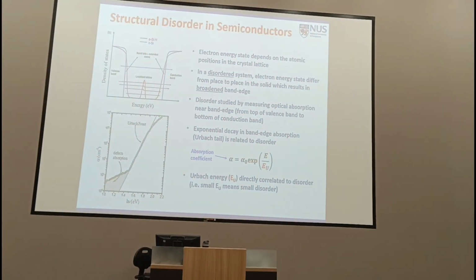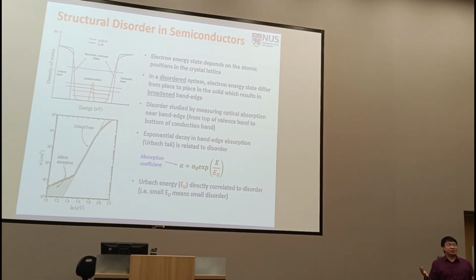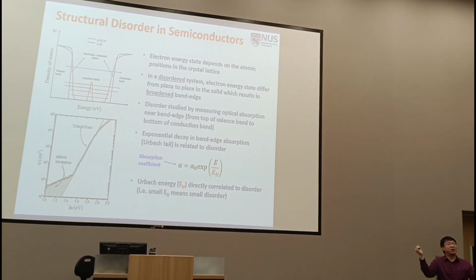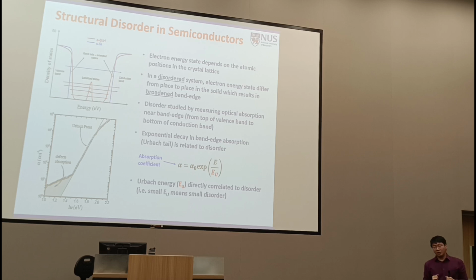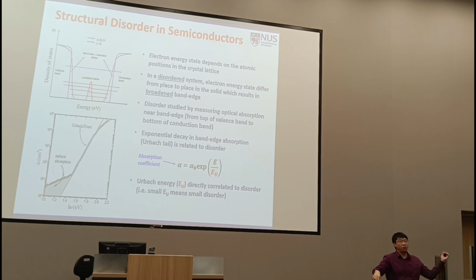Most of the time, there are many semiconductors that have disorder. Disorder means what? Some atoms are a bit further apart, some atoms are a bit closer together. In some cases, it can be completely disordered. It becomes amorphous. Amorphous means non-crystalline. By the way, you have amorphous silicon, where all the silicon atoms are randomly arranged in that solid.